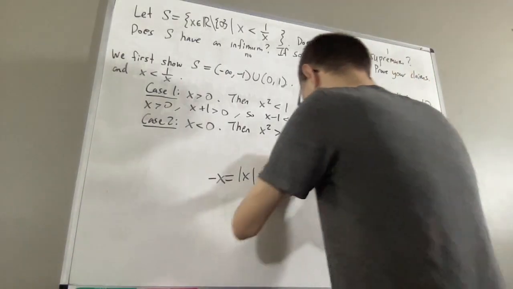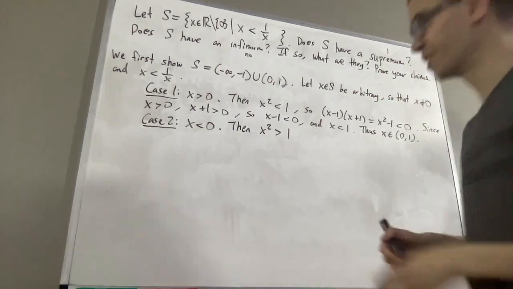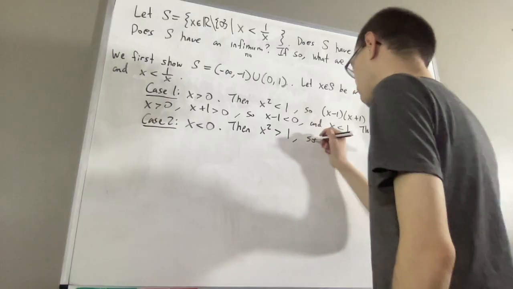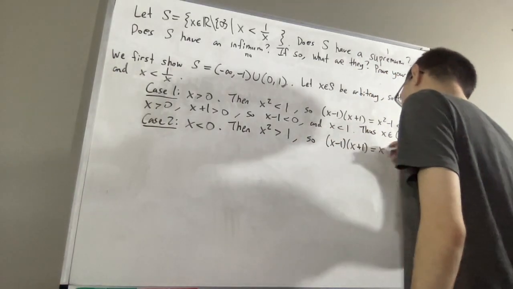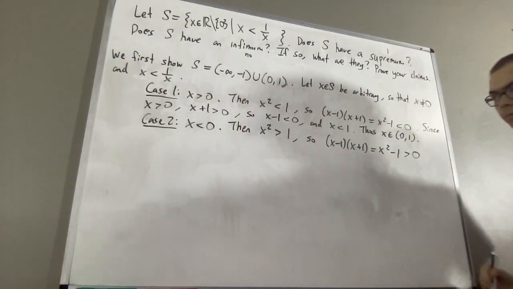I'm just going to do it a different way though, because why not, right? So again, we're going to subtract 1 to the other side. We get X minus 1 times X plus 1, that's X squared minus 1. You subtract 1 to the other side, that's greater than 0.